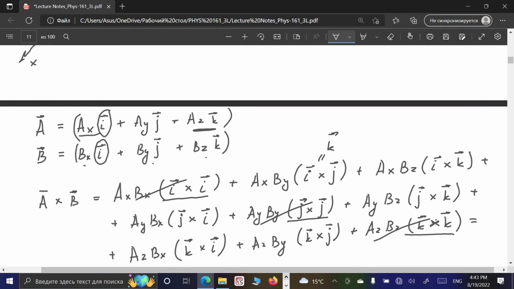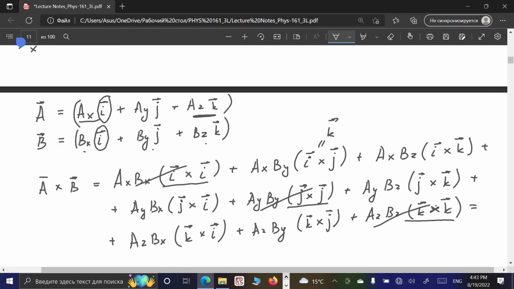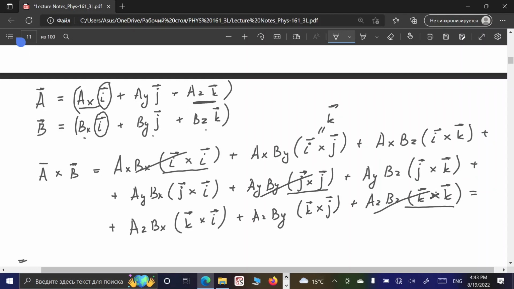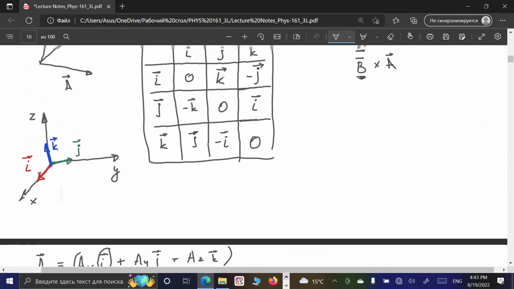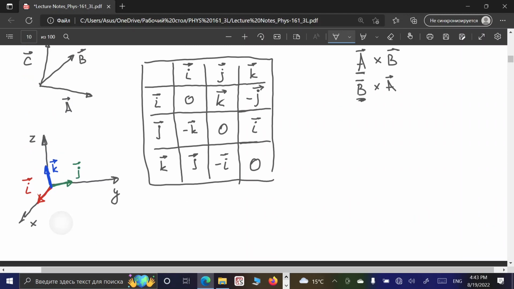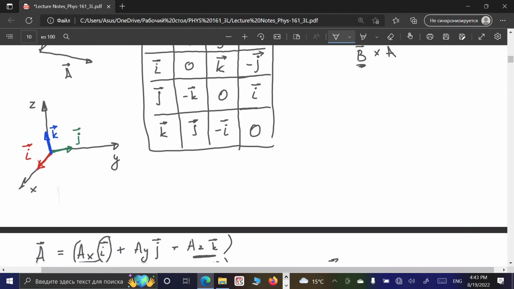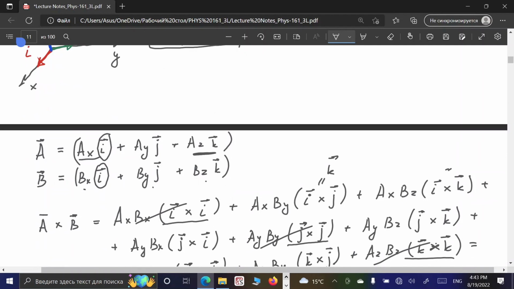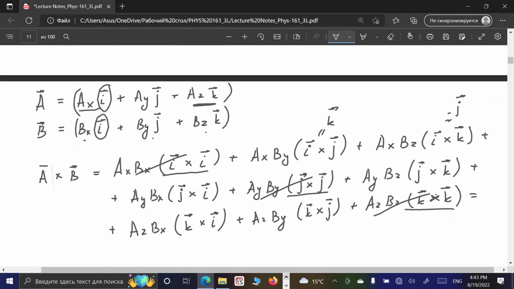So we do this for all terms. Probably we don't have enough time, but it's clear how we follow. So let's say i times k unit vector. We look here in this table, i times k unit vector, that is minus j unit vector.